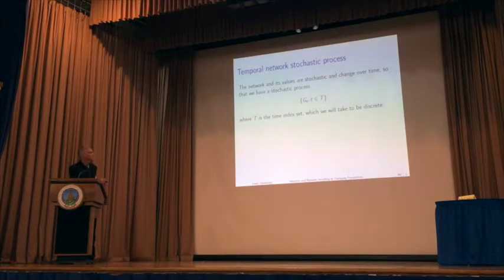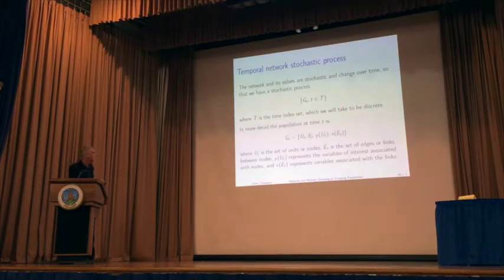So here's the stochastic process representing the population. It's a stochastic graph that changes in time, and so the actual set of units changes, and the values associated with those units change, and the set of links or edges between units change, and values or variables associated with those links change.